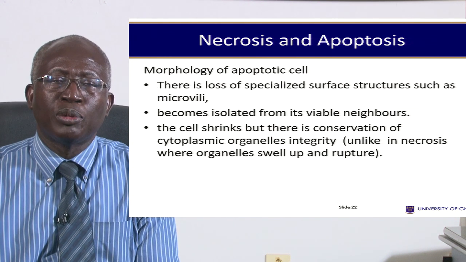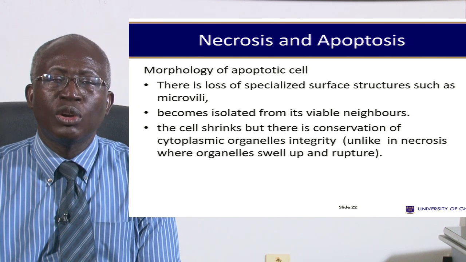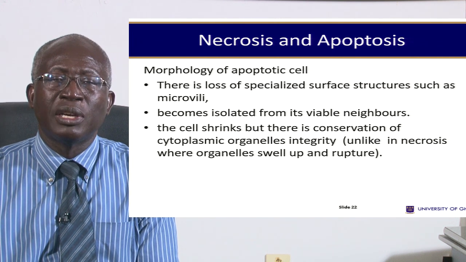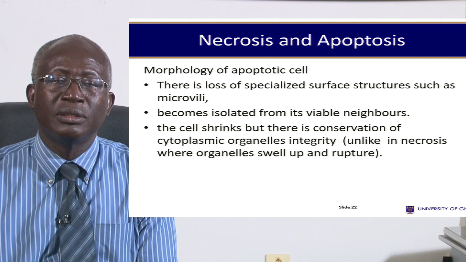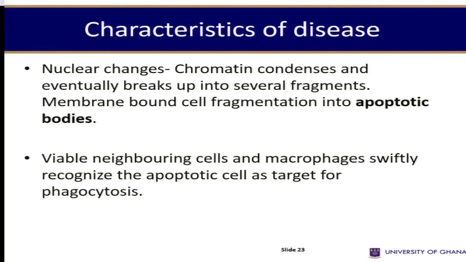Now, how does the apoptotic cell look like? Morphology. There is loss of specialized structures on the surface of the cell. The cell becomes isolated from viable neighbors and then it shrinks and eventually shows changes that are similar to some of the ones we've described before.